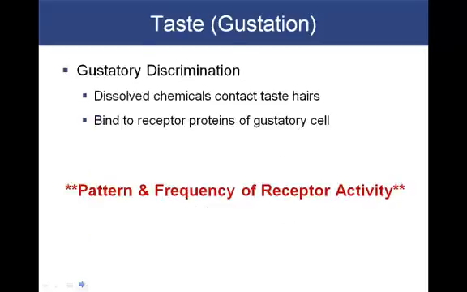In terms of discriminating tastes, the process involves, again, dissolving chemicals in some type of liquid medium. As we take food or some type of liquid into our mouths, those chemicals within the food product or the liquid will dissolve within our saliva, and those molecules will make contact with the taste hairs, which are full of receptors.